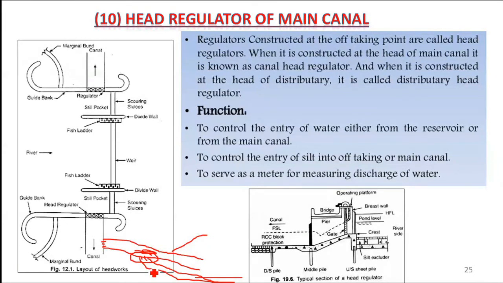This is also a head regulator, but this is the head regulator of the distributary canal. And from here we will take a minor. We will provide a regulator, and that would be called the head regulator of the minor.